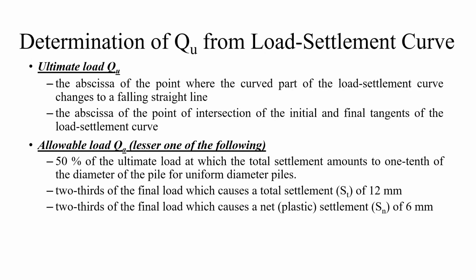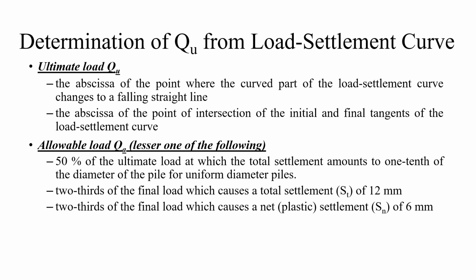Okay, now you have obtained the ultimate bearing capacity. Now you have to find the allowable load. How will we find the allowable load? There are three conditions according to the IS code. The first one is 50% of the load at which the total settlement will be equal to 1/10 of the diameter of the pile.